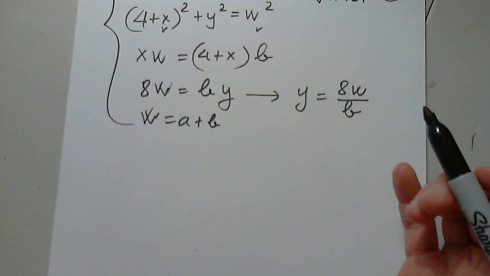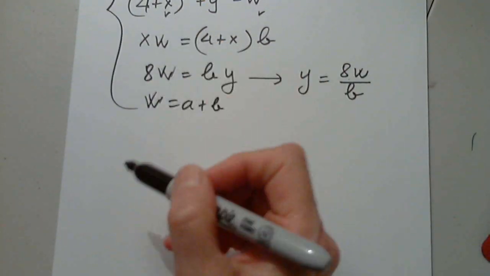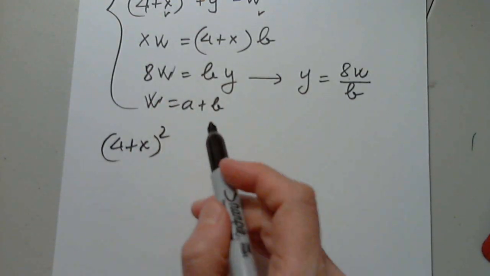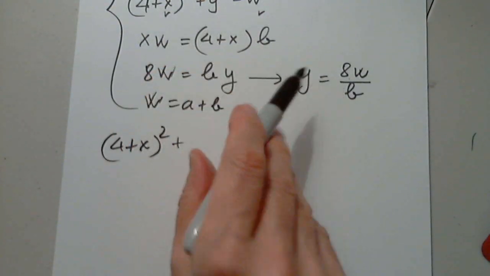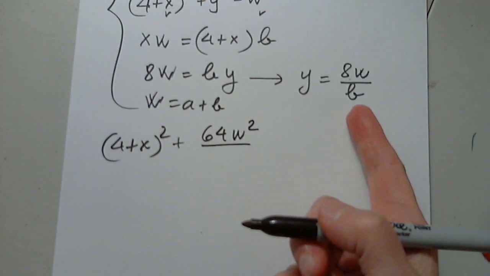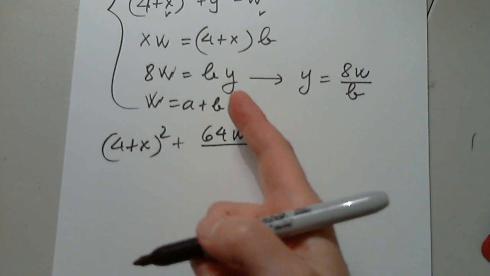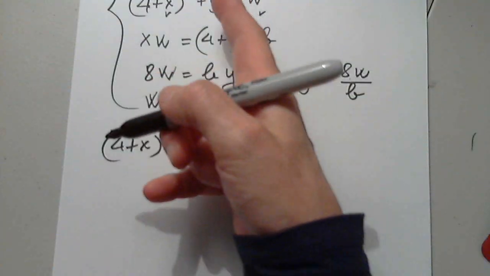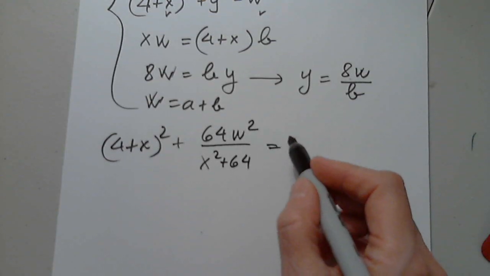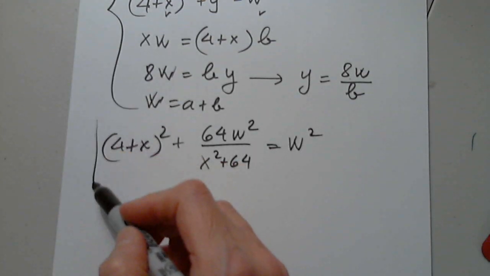Awful, but I have no choice. That's how it's going to look. So 4 plus x, everything squared, plus 64 w squared over b squared. Oh, I didn't even need to take the square root because I have to square it anyway. Okay, that's awesome. Over x squared plus 64 equals w squared.